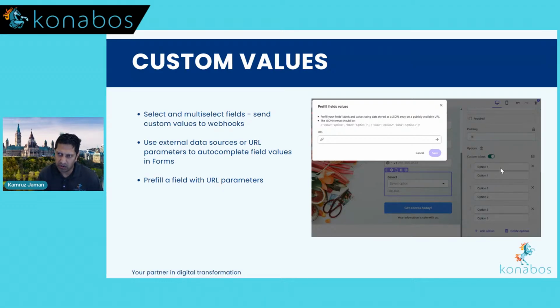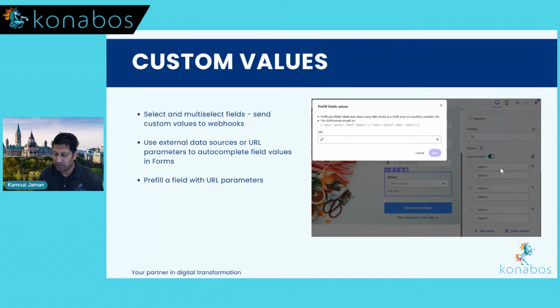So if you think of country codes, for example, you might show United Kingdom, but the value you actually submit is UK, or you might show United States, but the value you actually submit is US. So this allows you to set those separately, one for human readability, one for maybe machine readability that maps to some sort of code in the background.